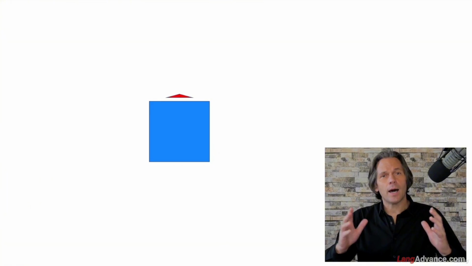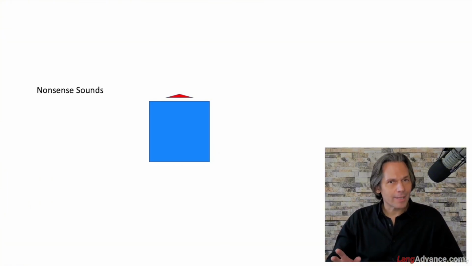Let's start with one-syllable words, or we'll even just start with sounds. As we've been doing, this can represent a syllable, da. Let's put a vowel peak into this syllable so that we make it nice and long. Right now, as we start, it's better to overdo it than to underdo it. Da. Now these are just nonsense sounds that we're making.